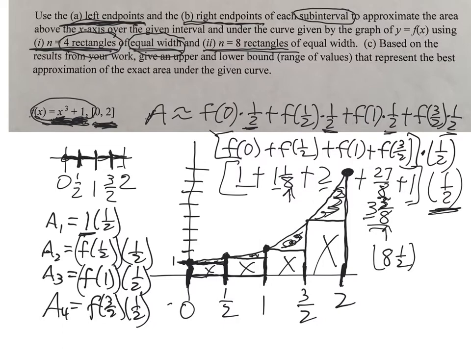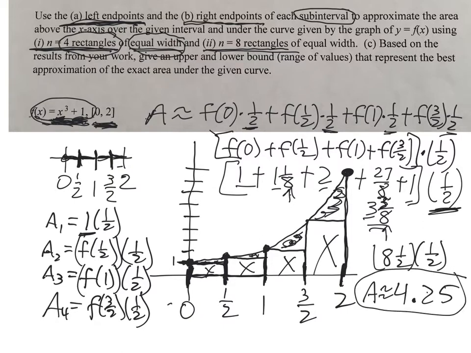Now don't forget about this thing. We're multiplying that by 1/2. So we get what? 4.25. Okay, 4.25, and we're saying that's approximating the area under this curve. Okay, keep that in mind. We'll come back to that here in a little bit.